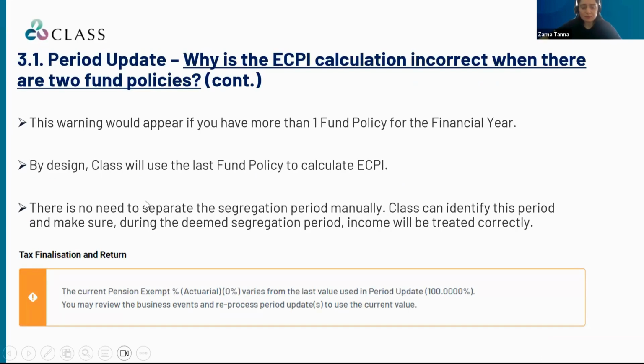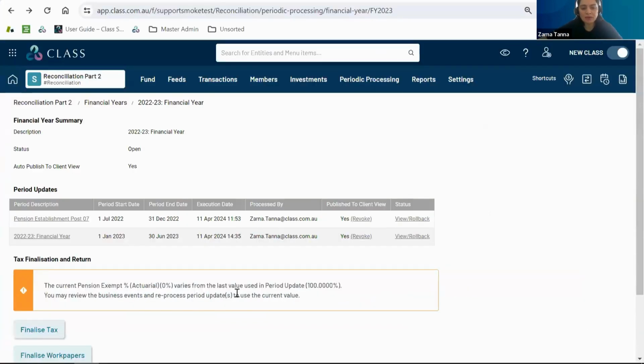Now, sometimes you can get this warning message after you've run the period update successfully. The current pension exempt percentage varies from the last value used in the period update. This could be encountered if you have any changes in the ECPI method during the financial year. So in my demo fund, this is how the warning looks.